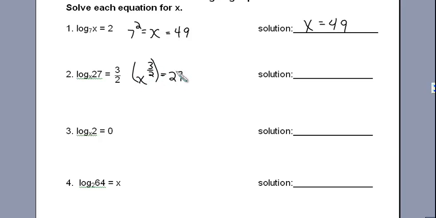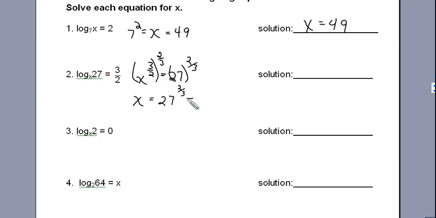And we learned this skill a couple units ago too. We're going to take that and raise it to the 2/3 power. What that does is allow this power to power you multiply, so that becomes x to the 6/6 or x to the 1st is equal to 27 to the 2/3 power.